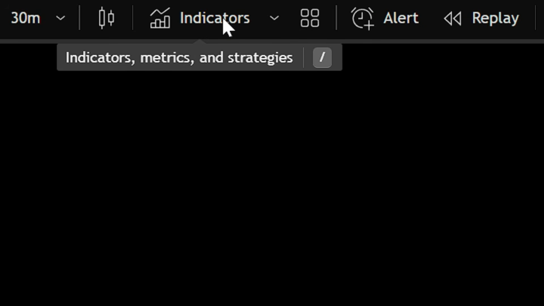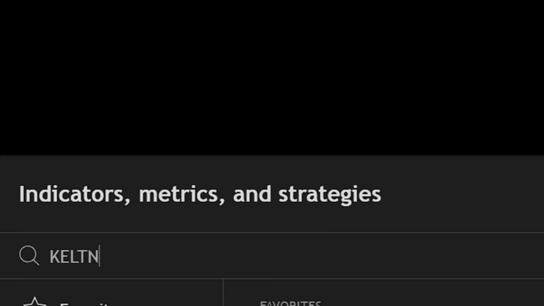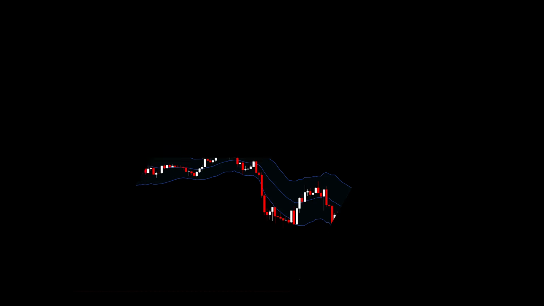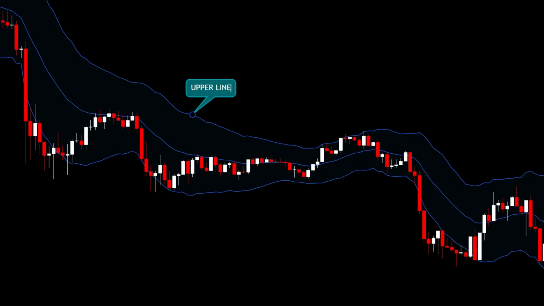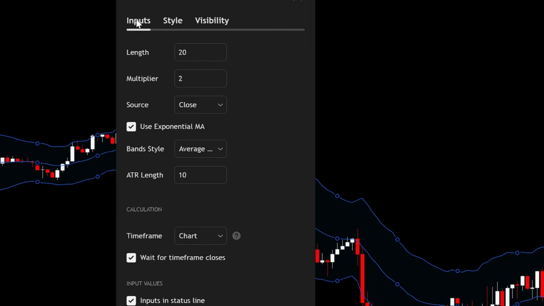Go back to the indicators tab, search for Keltner channels and drop it onto your chart. By default, it's not set up to read trends clearly, so let's adjust it. In the settings, change the length to 200.